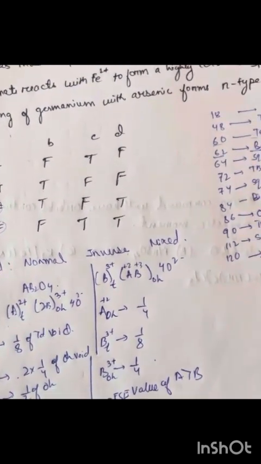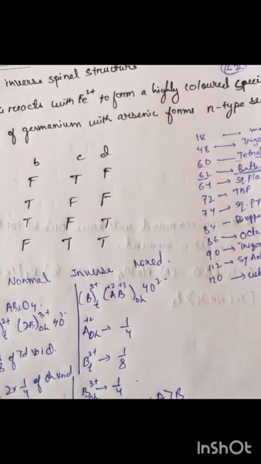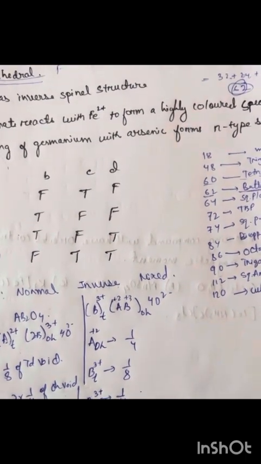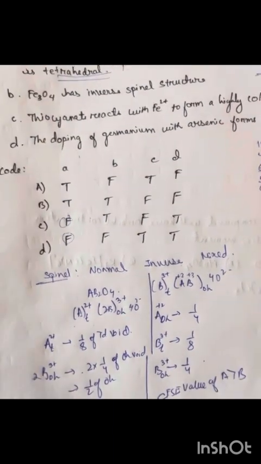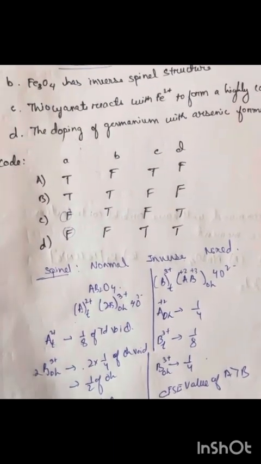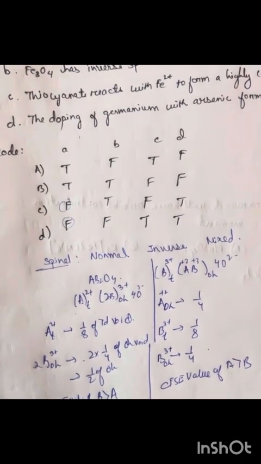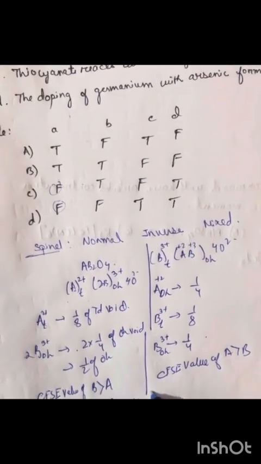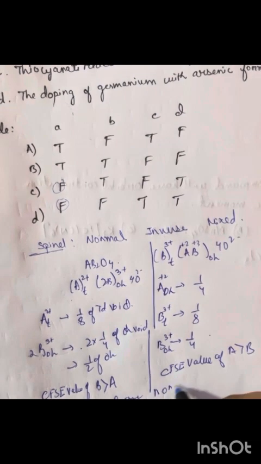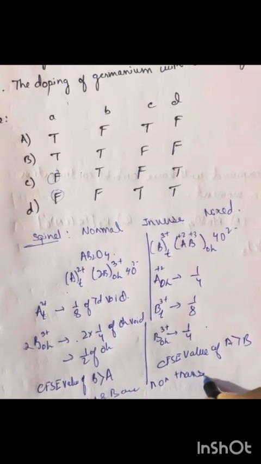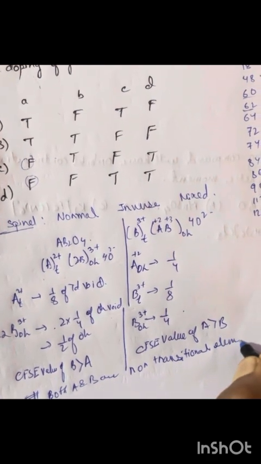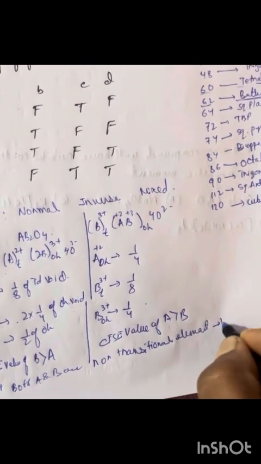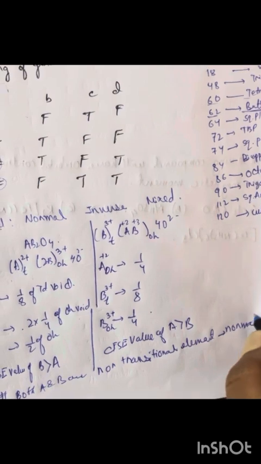One more thing: if both A and B are non-transitional elements, then it is always normal spinel, right?